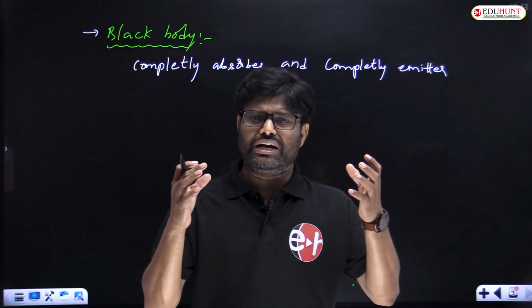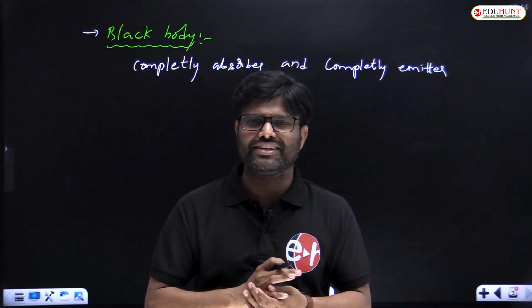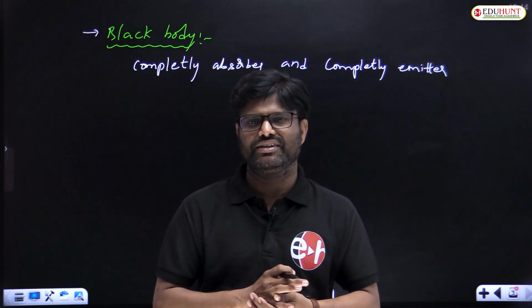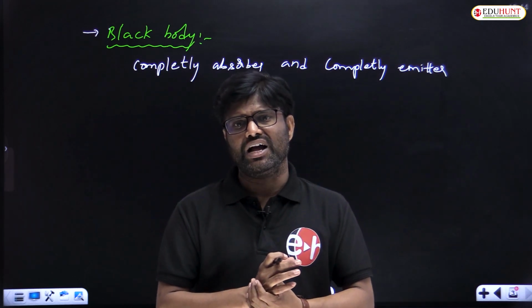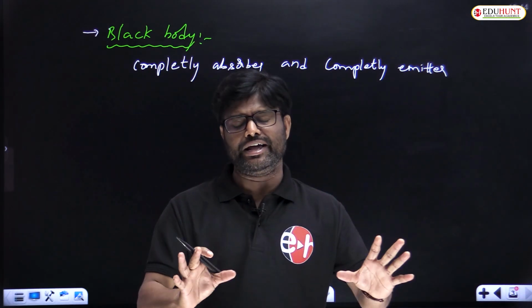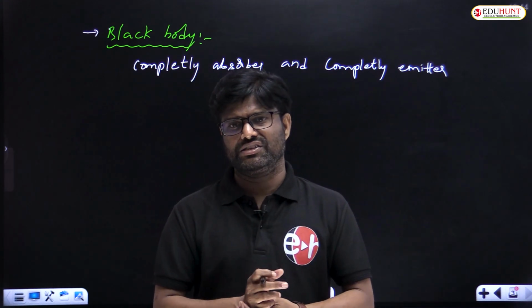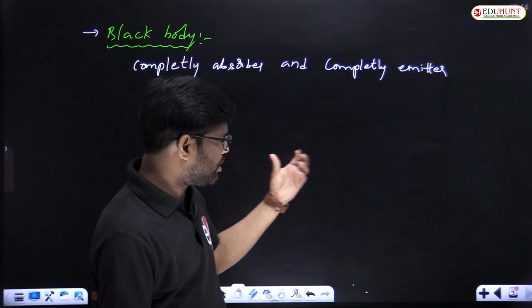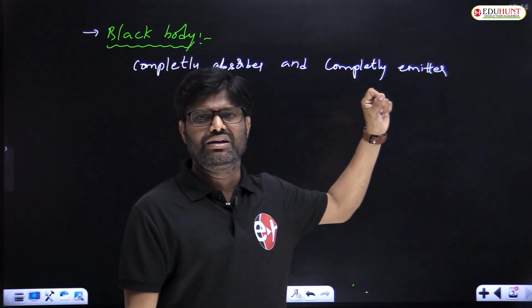If a body absorbs all electromagnetic radiations, that is called a black body. It absorbs all types of electromagnetic radiations, and not only that, it emits all types of electromagnetic radiations. This is called a black body.